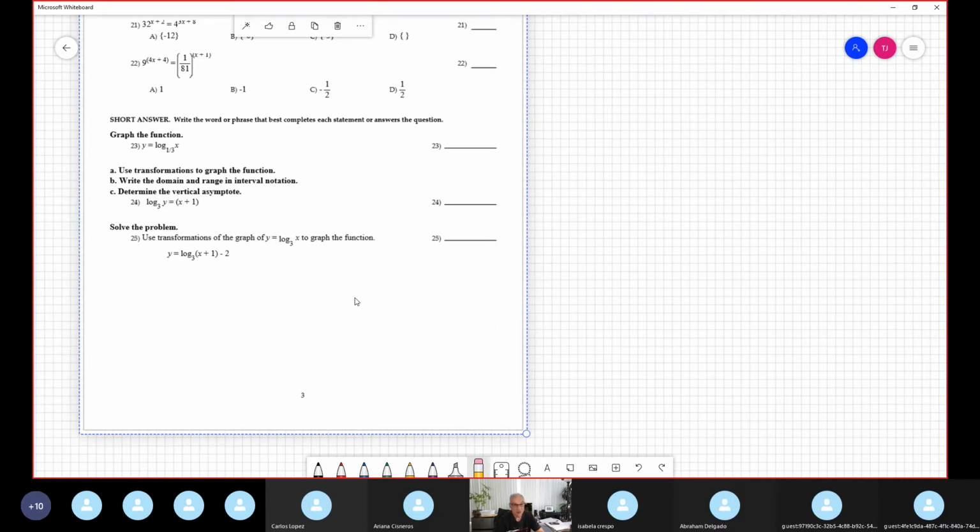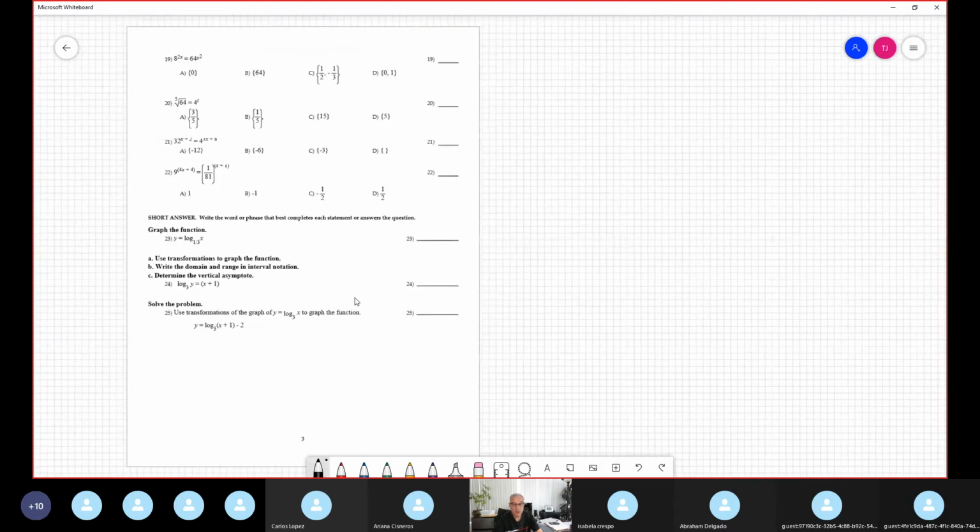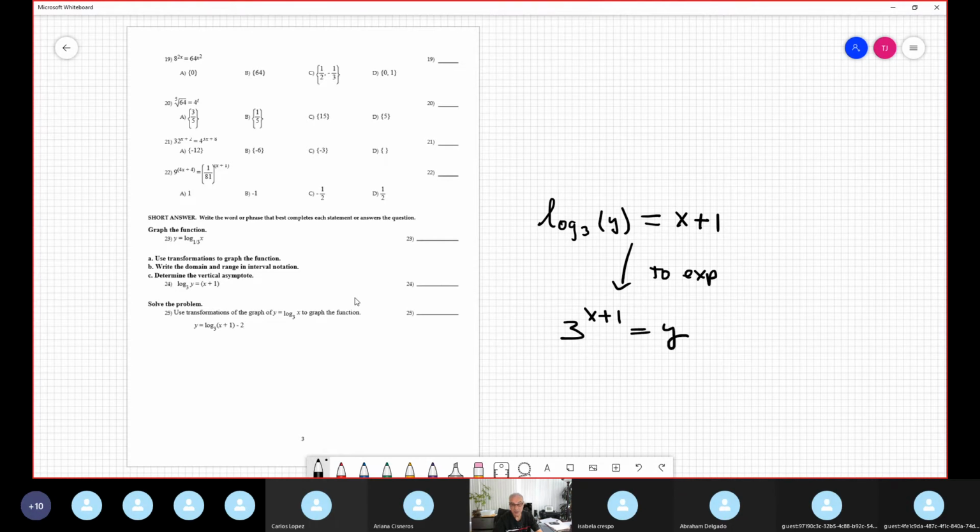Okay, for me this has no sense because this is logarithmic. Okay, logarithm base 3 of y is equal to x plus 1. But this is not explicit, so you transform it to exponential. The base is 3, the exponent x plus 1 is equal to y.